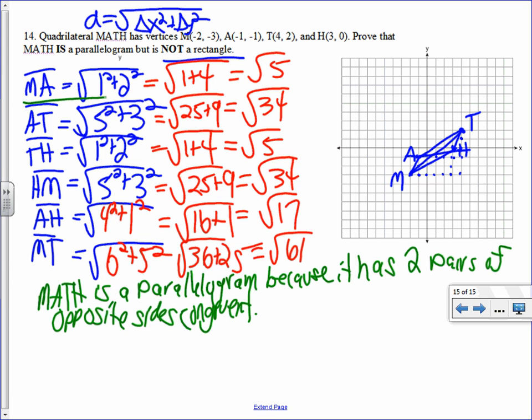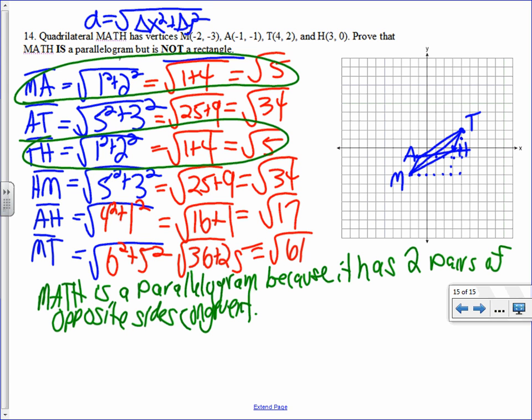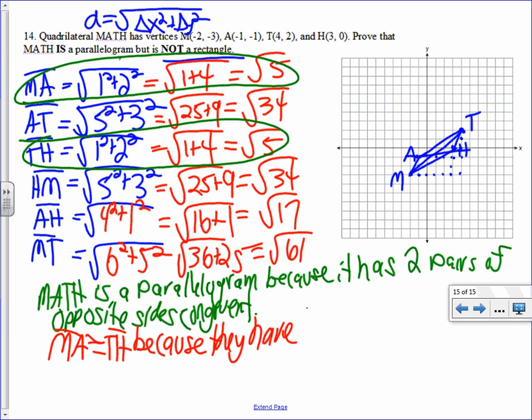Well, this one was congruent to this one, so I'm going to say MA is congruent to TH because they have the same distance.